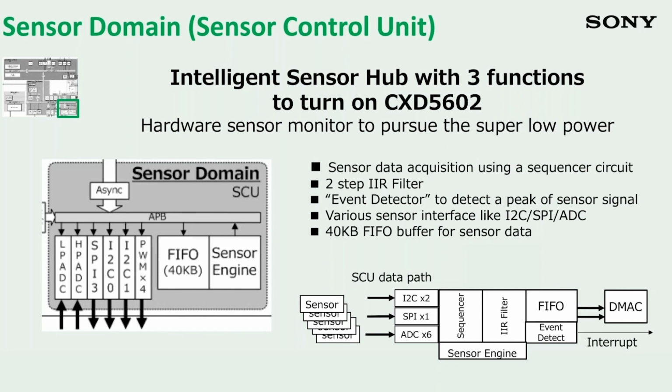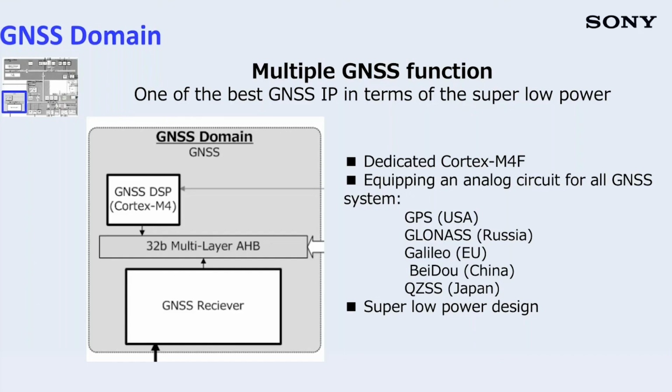Last, finally, for this section on low power, is the GNSS. First of all, this GNSS supports GPS in the US, GLONASS in Russia, Galileo in Europe, BeiDou in China, and QZSS in Japan. So if you're anywhere in this world and you want to use GPS, you have no limitation. It's also super low power.